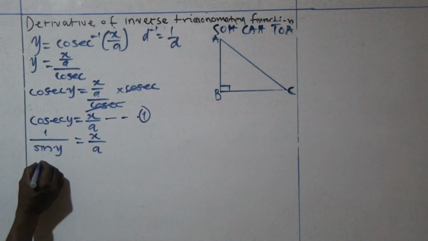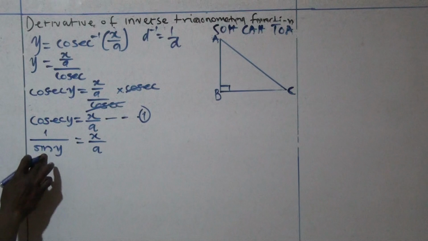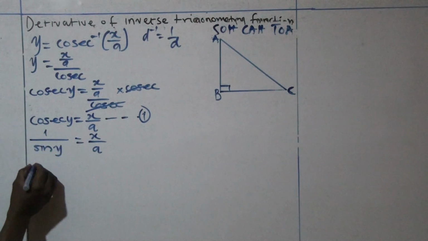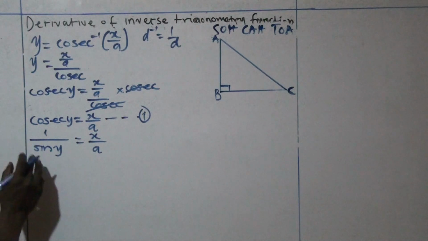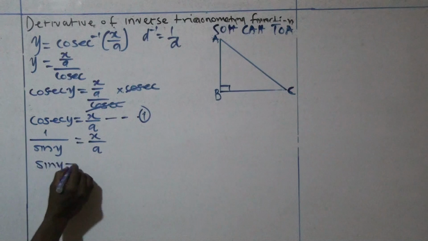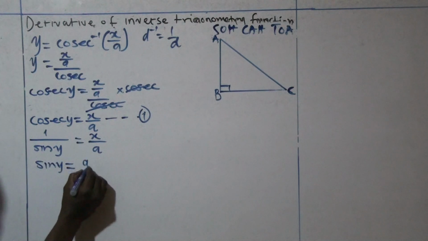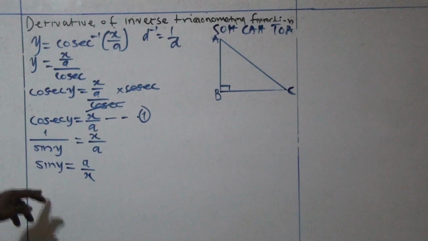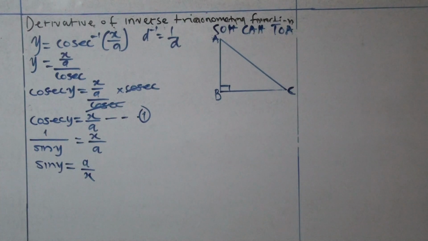If we invert, the denominator becomes numerator and numerator becomes denominator on both sides. So here we can say sine y is equal to a over x. We have inverted it. So this is the expression for sine y.